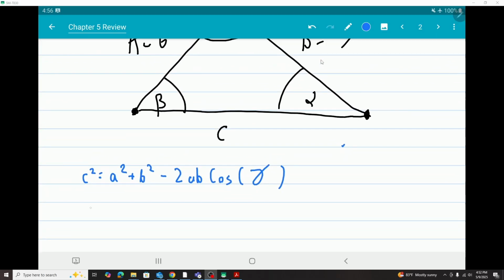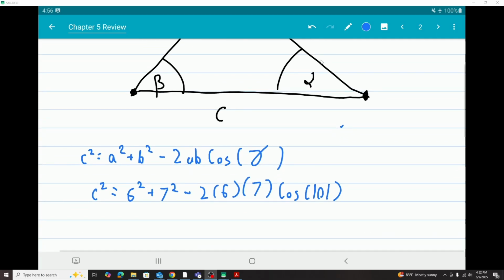Because now I plug everything in because I know A is 6, B is 7. So I put all of that together. And then put that into the old calculator. Right, calculator loves to do this. Cosine 101. We make sure it's in degree mode.